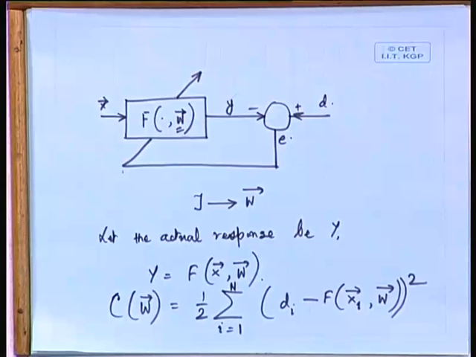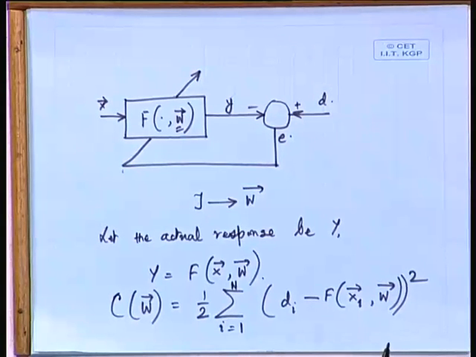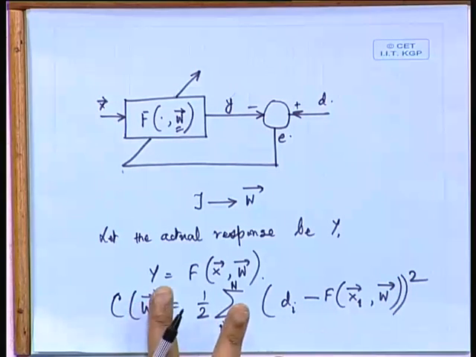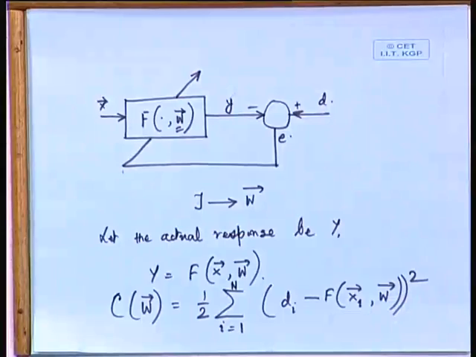Now, realizing the cost function like this can be interpreted as follows. You have got capital N number of training samples, and you are adding up the squared error of all these training samples, and then combinedly you are getting a single cost function C, which is represented like this.